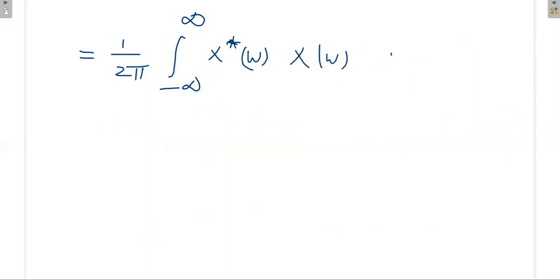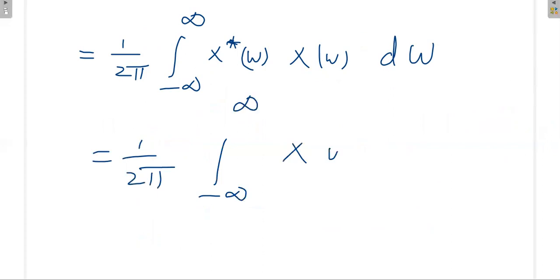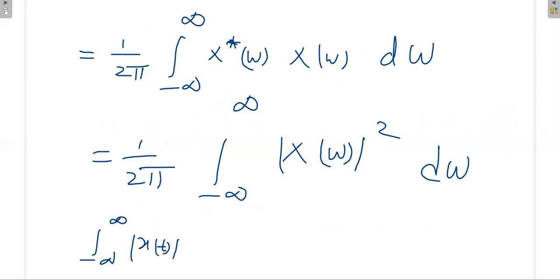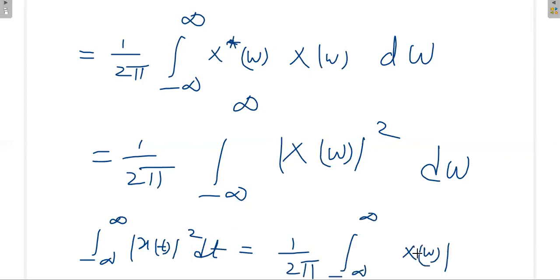So 1 by 2 pi integral minus infinity to plus infinity X star of omega times X(omega) d omega, that is 1 by 2 pi integration minus infinity to plus infinity mod X(omega) whole square d omega. So finally, integration minus infinity to plus infinity mod x(t) square dt is equal to 1 by 2 pi integration minus infinity to plus infinity mod X(omega) square d omega.